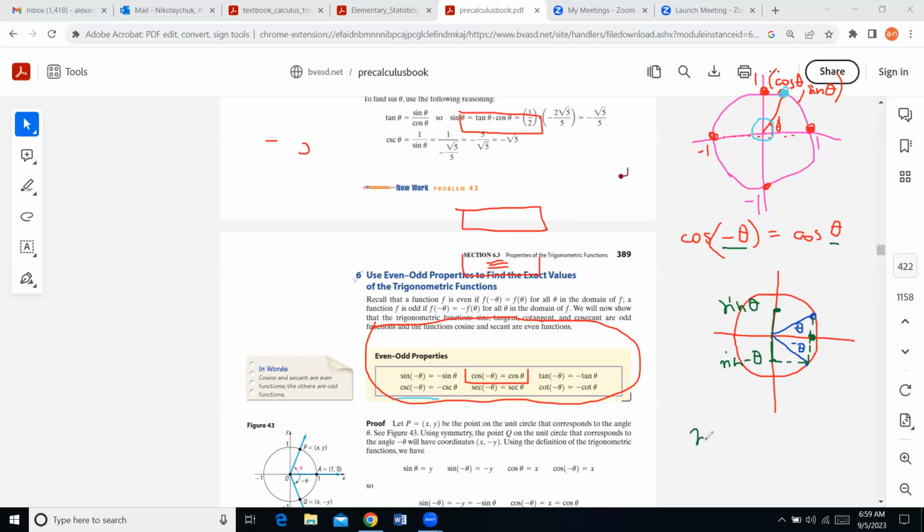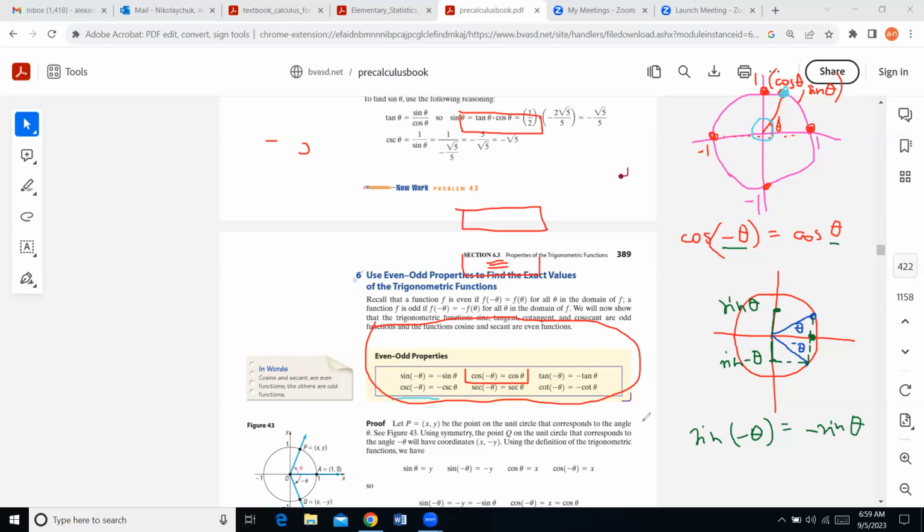If you want to make sine of negative theta and sine of theta be the same, the minus needs to be placed in front. That's another observation that comes right out of the definition of those functions, and the other functions work in an analogous way as well.